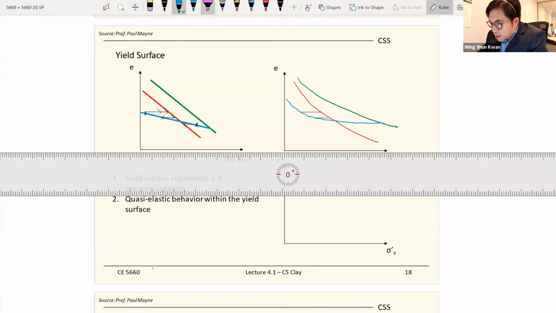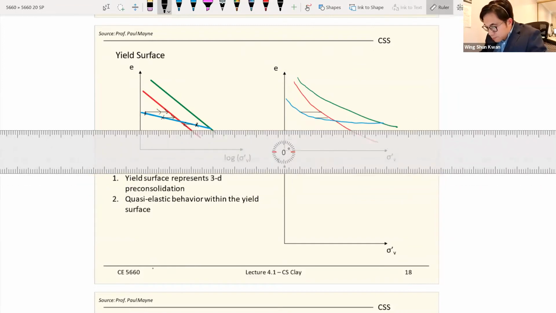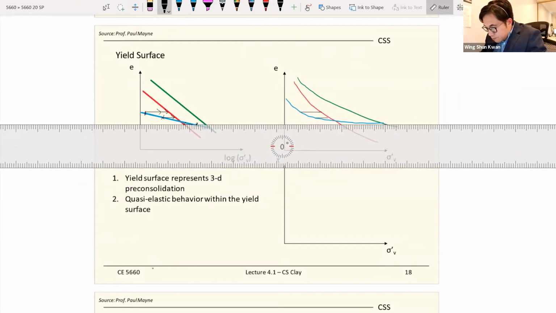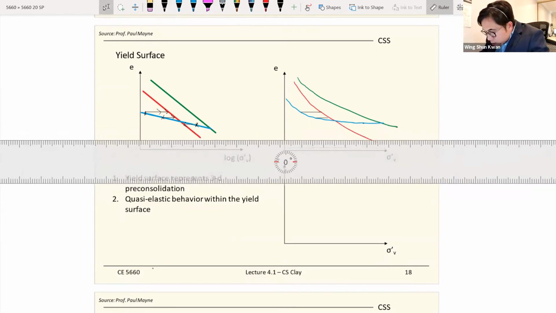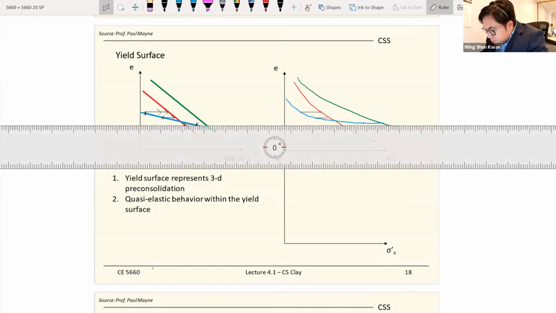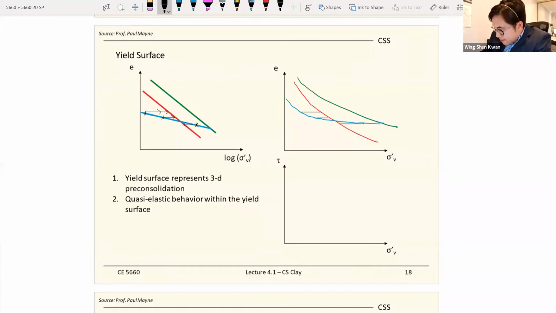So when you rebound at the other side, go from here to there. I think this is the most difficult part that I need to draw.